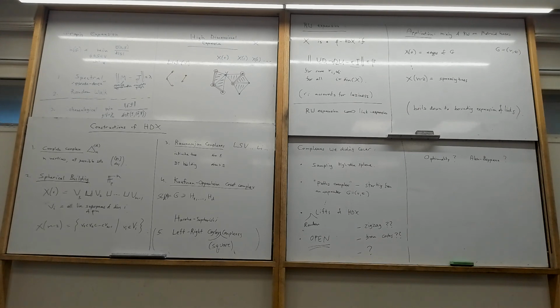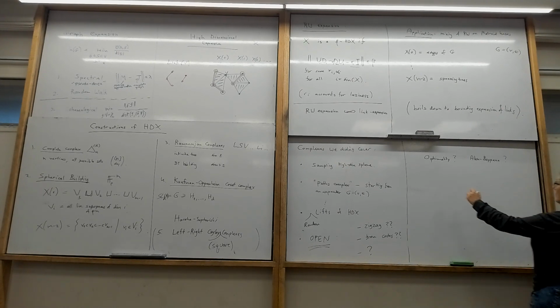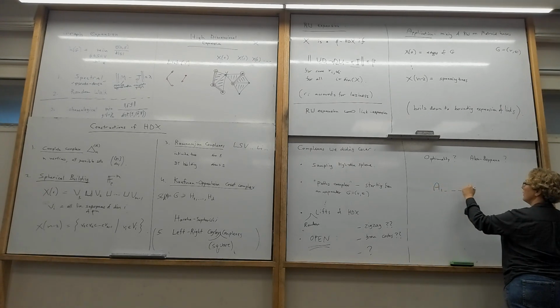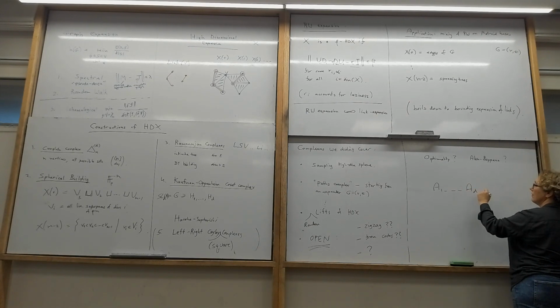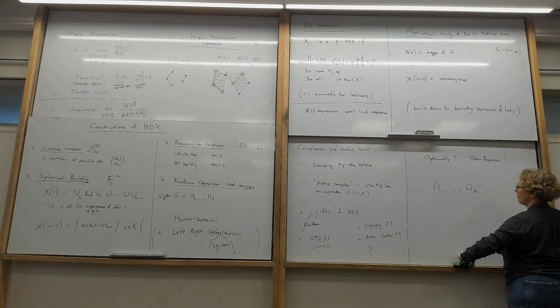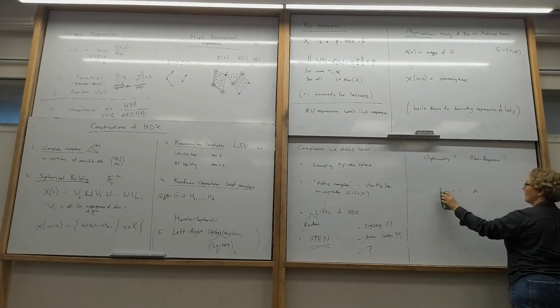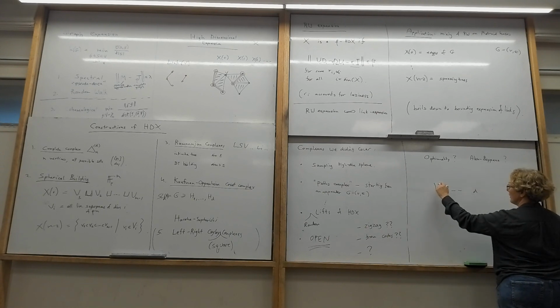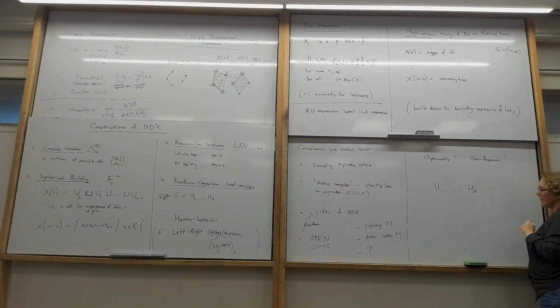So each eigenfunction is an eigenfunction of all of them. Okay, so you have these operators, A1 up to A_{d-1}. In fact, these are Hecke operators, so I should call them H_1 up to H_{d-1}. And I have d colors.